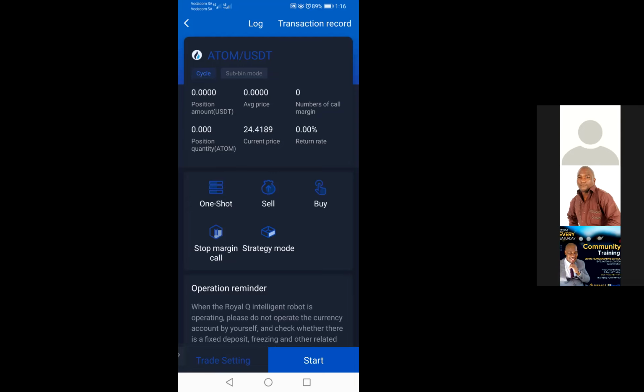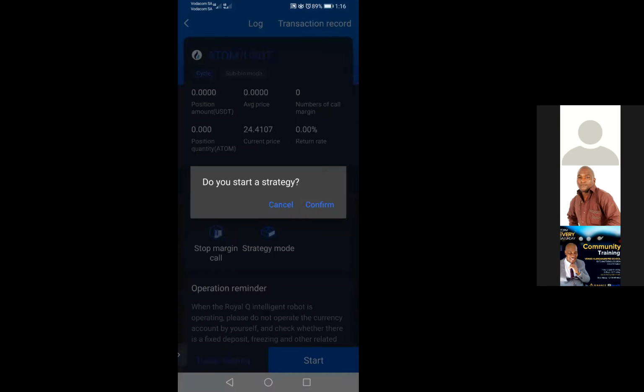Yeah, that is beautiful. So now it's on cycle. We are ready to start the trade, isn't it? Yes, we are ready to start the trade. Confirm.